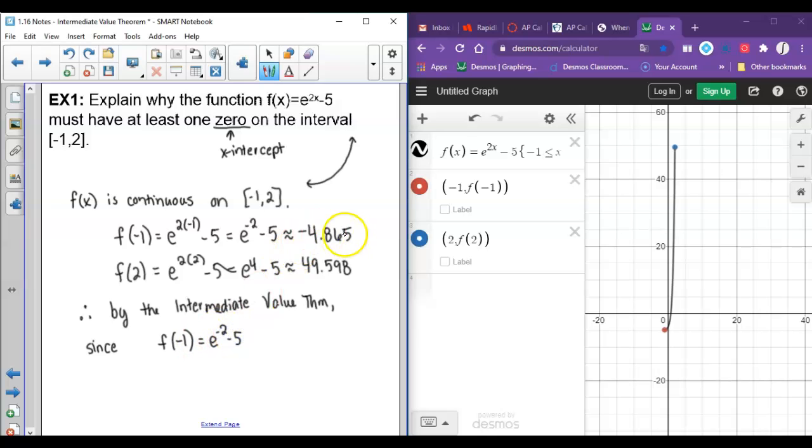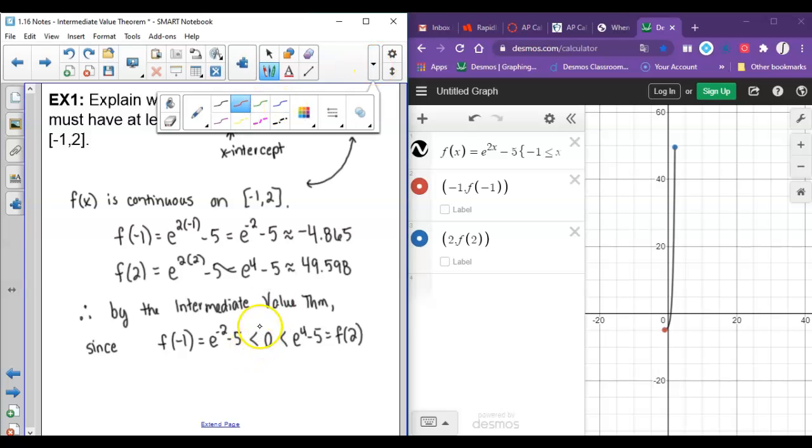Notice I did not use the decimal approximation there, mostly because I don't want to make a rounding error, is less than 0, which is less than e to the 4th minus 5, or another way I could say that is f of 2. This just tells me 0 right here.